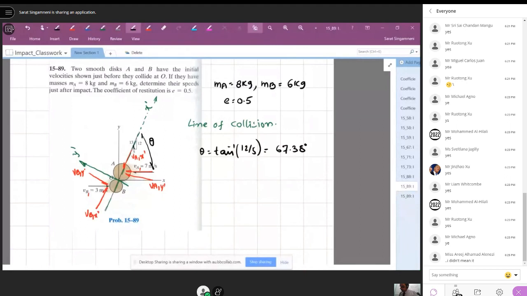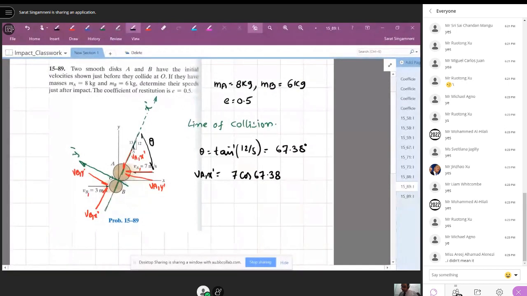Got the angle, so I can resolve this VA1 into components along x dash and y dash. So VA1 x dash is equal to VA1 cos theta, which is 7 cos 67.38.